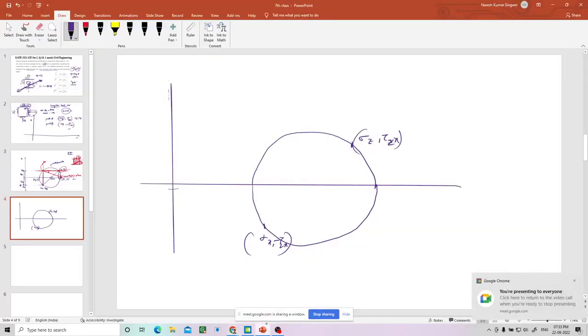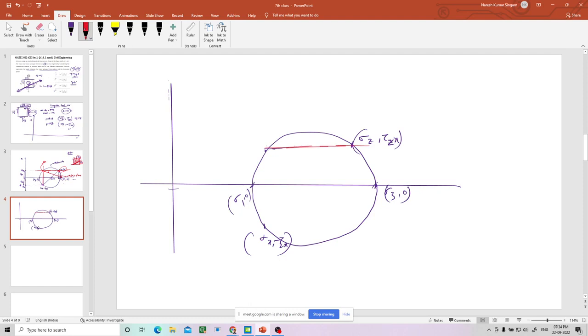Now this is sigma 3 comma 0, sigma 1 comma 0. So now the pole is here, the pole is drawn, right? So this is the pole.